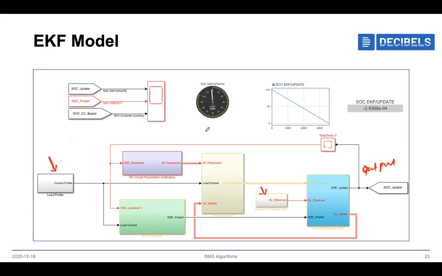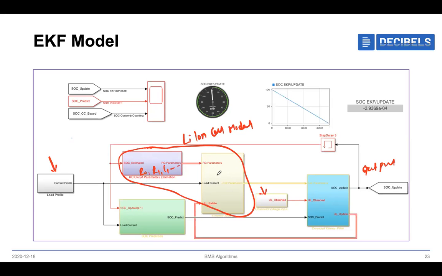This output is again given as input to the RC circuit parameters and the Thevenin model. These two are called the cell model, the lithium ion cell model. Whatever SOC we give over here, we calculate in this block the RC parameters, which are nothing but R0, R1, C1 and so on.